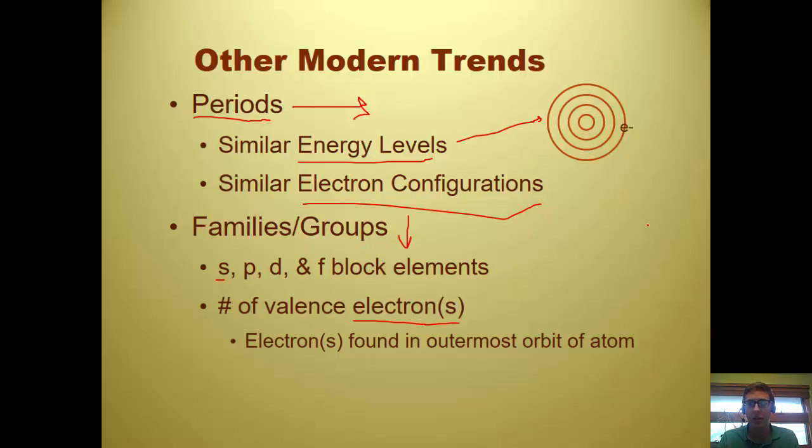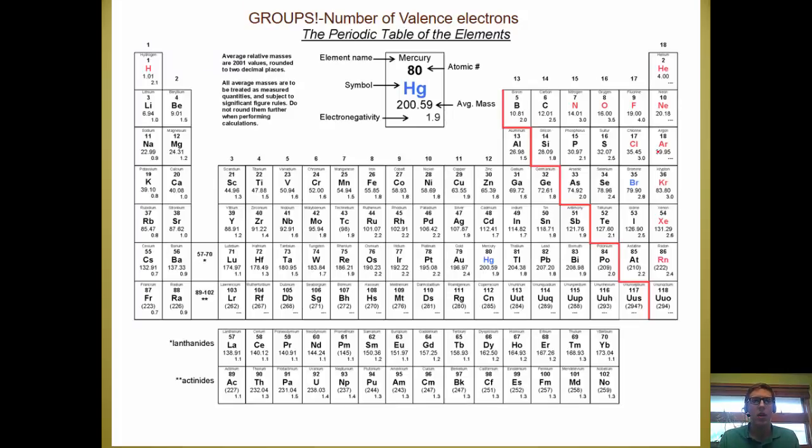However, valence electrons, the number of valence electrons, which are again the electrons in the outermost energy level, those have to do with the groups. These are valence electrons. And we know that this would actually be in group 1 because there's only one valence electron. Let's talk about that a little more.